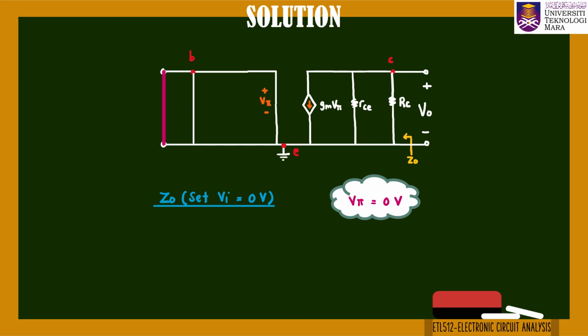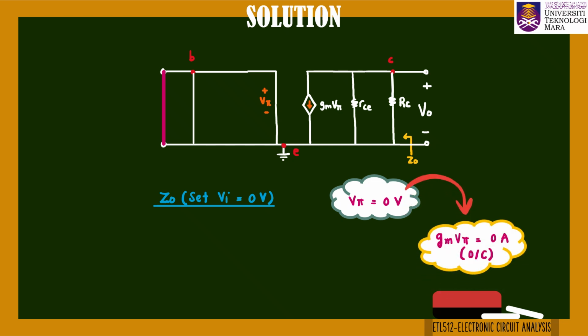As a result, the dependent current source GMVpi becomes an open circuit. Looking at the AC equivalent circuit from the collector side, we only have RC in parallel with RCE. Therefore, the output impedance is simply Zout equals 2.7 kilo ohm.